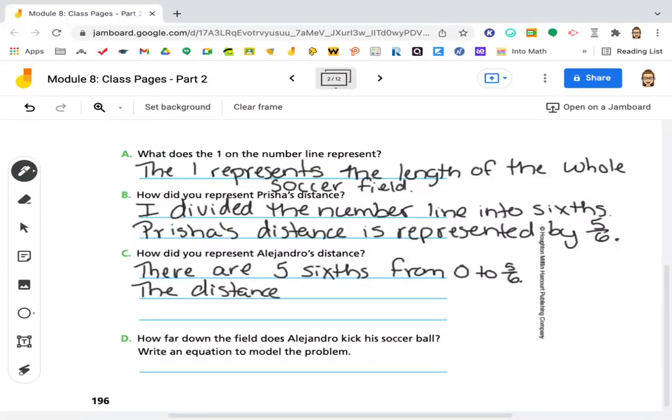The distance Alejandro kicks is 4 of the 5/6.